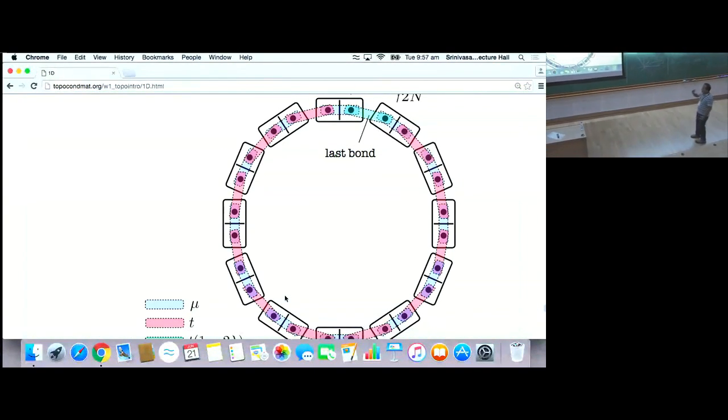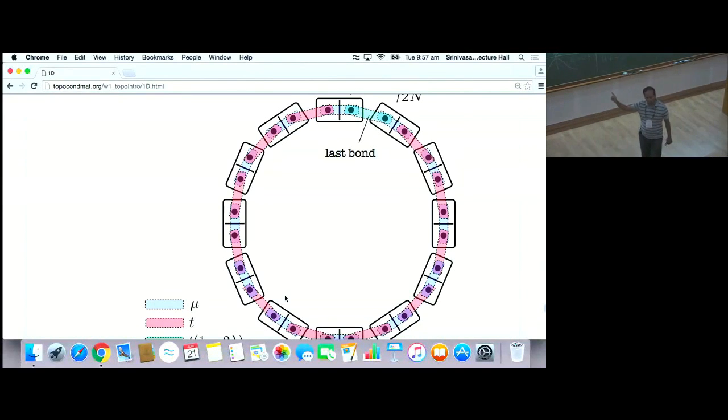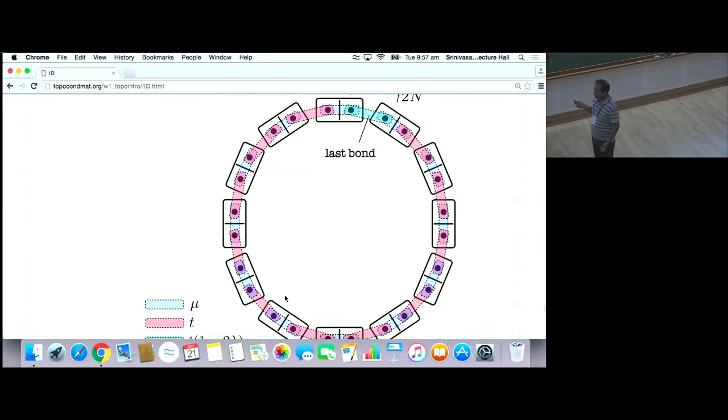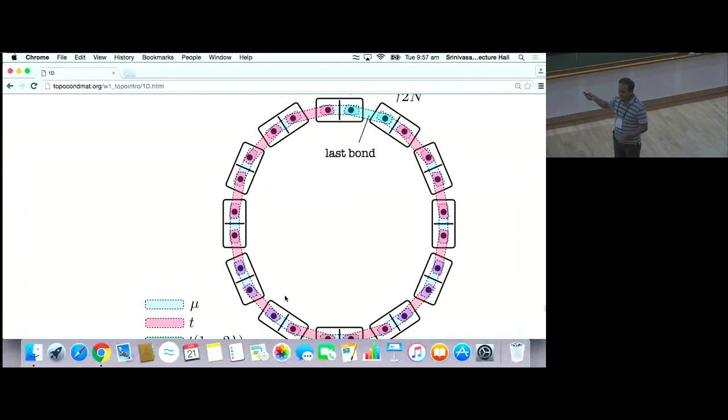Well, remember, the Pfaffian of the BDG Hamiltonian tells me the fermion parity of the Hamiltonian at some k, and k represents the phase twist when I hop over this bond. Let me write this down explicitly. It's important.